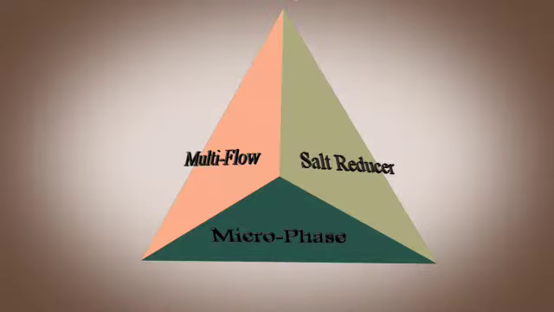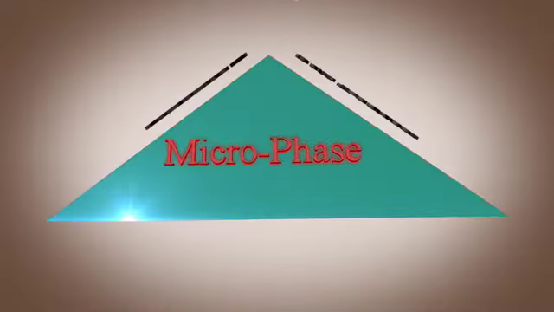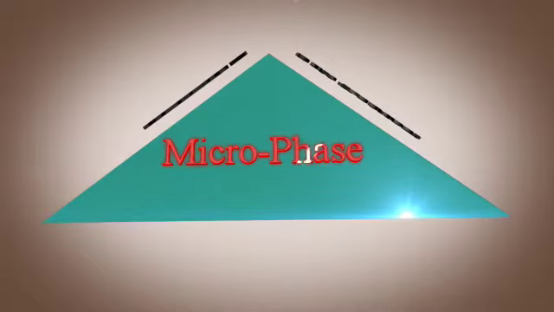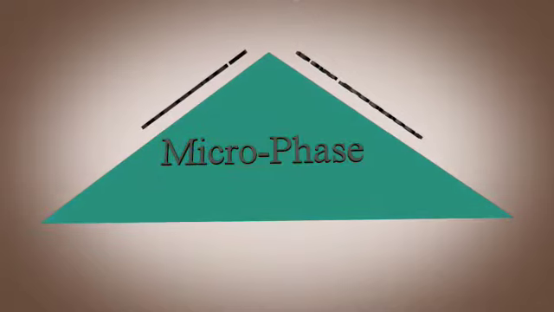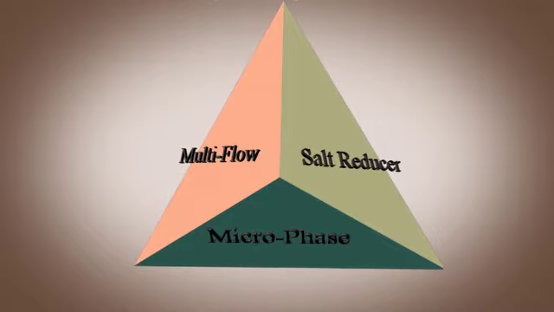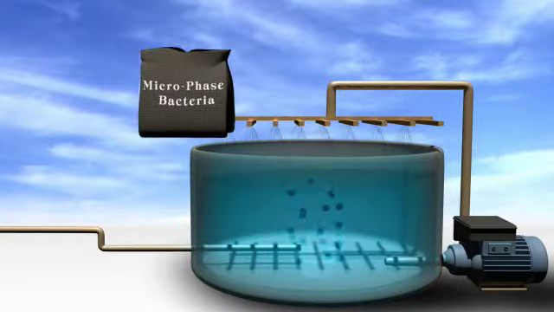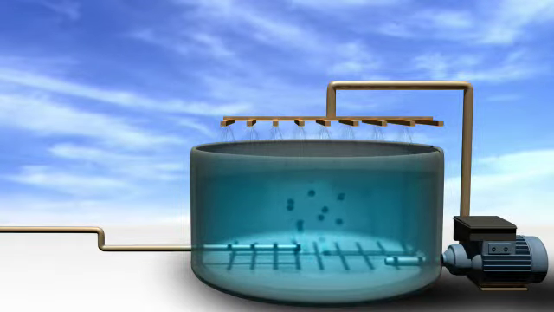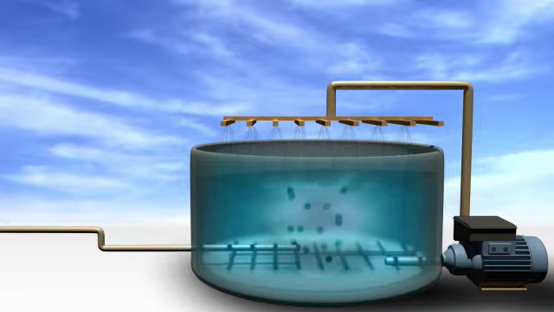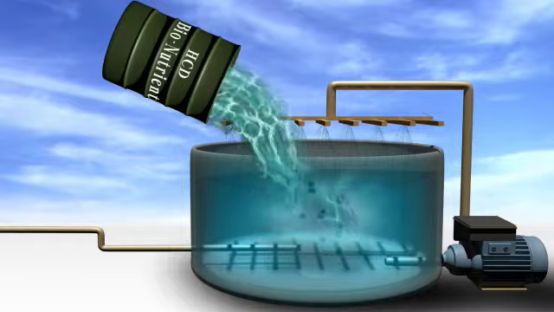The third product that will be injected down the well will be the HCD microbial chain cutters, or the HCD microphase that we just grew up 24 hours prior. Again, we have a 10 to the 8th to 10 to the 9th colony-forming unit per milliliter colony count on this product.